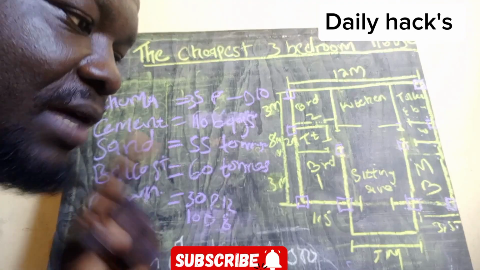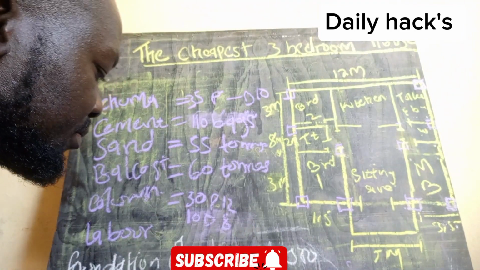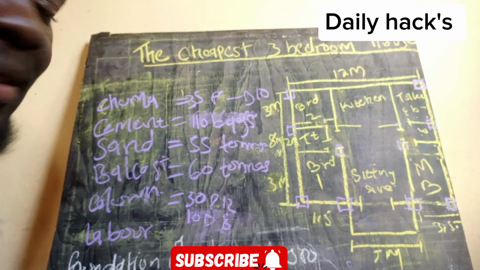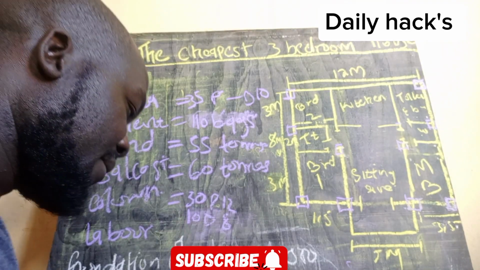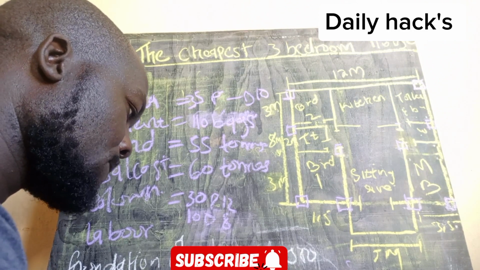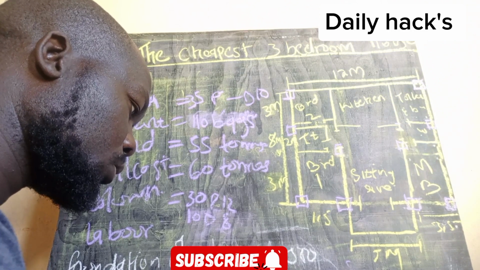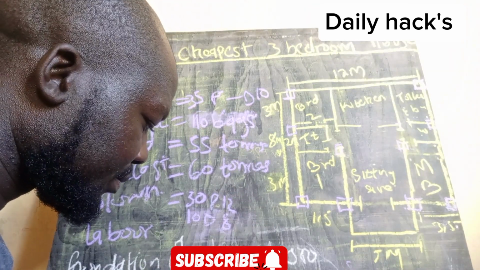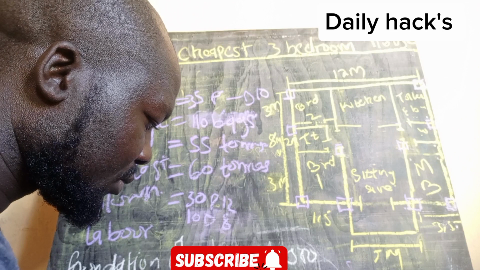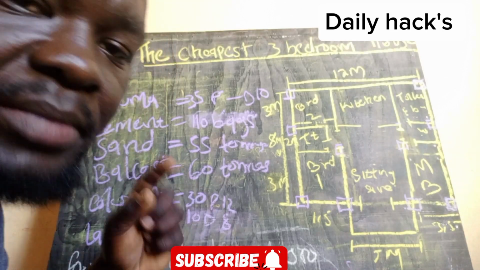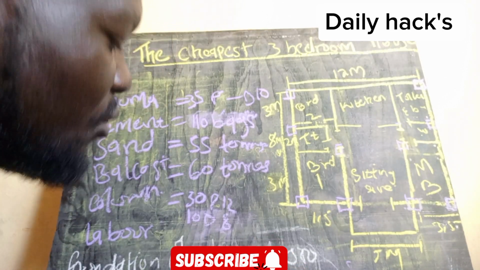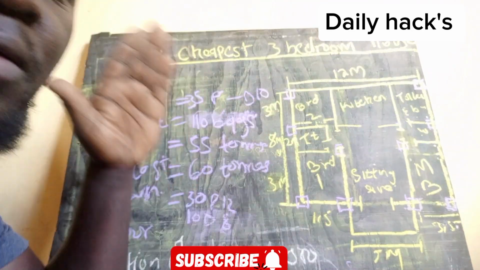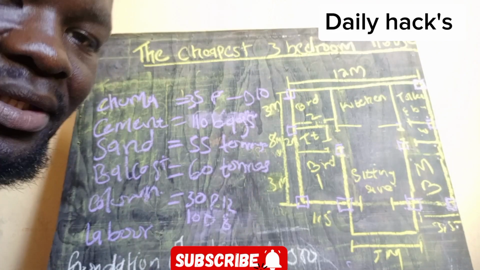Remember, there are some things that I have not put there, like the BRC, black paper, pesticide, so when I will be doing the calculation, I will also add all this so that you can get the total foundation cost of this house.